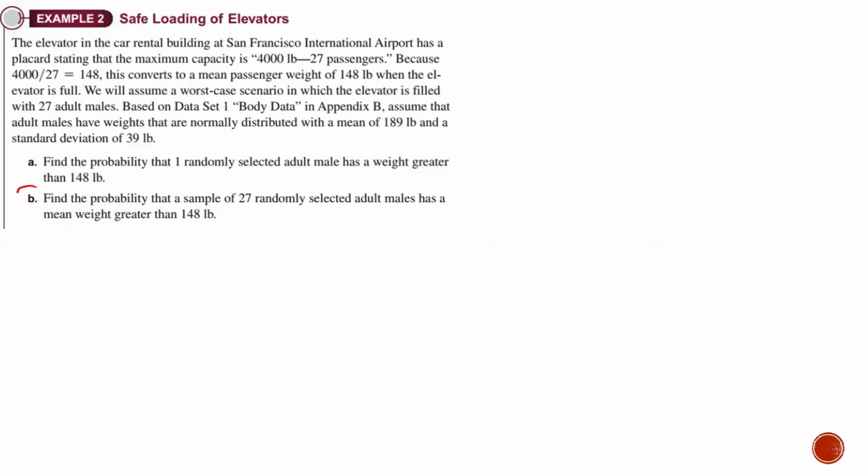Okay, so now we're doing B. How is B different than A? In A, we were looking at the probability for the weight of an individual. Here we are looking at the mean of a sample.